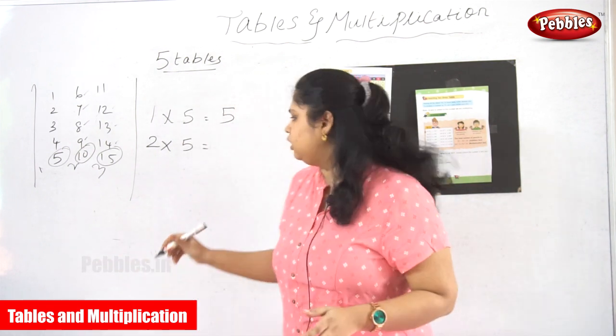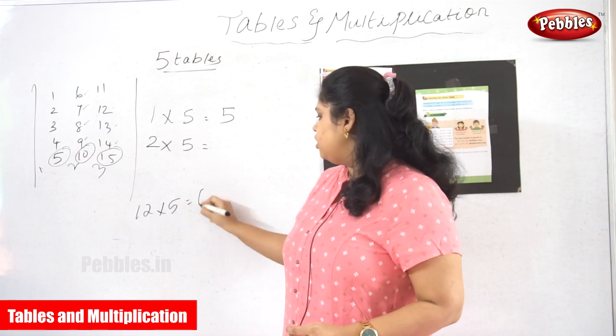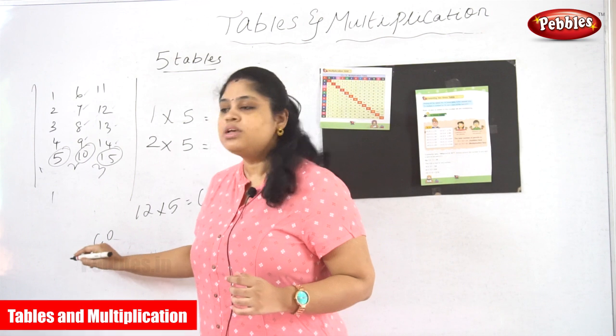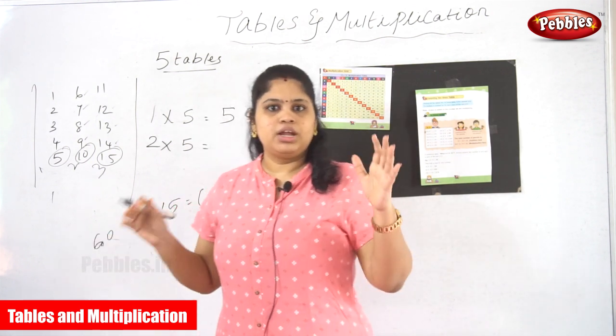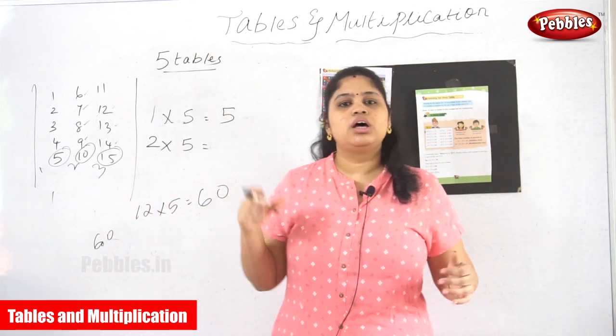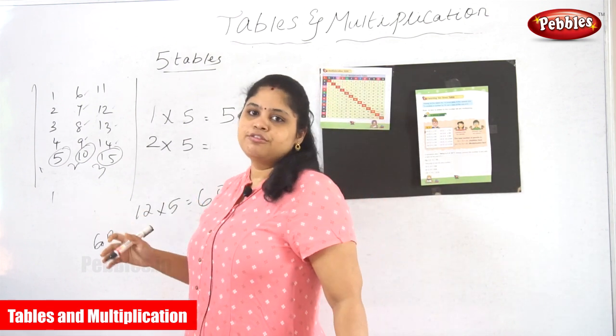But up to 12, where 12 into 5 is 60. So in the number series from 1 to 60, how are they choosing the numbers 5, 10? This is how they are skipping by 5.